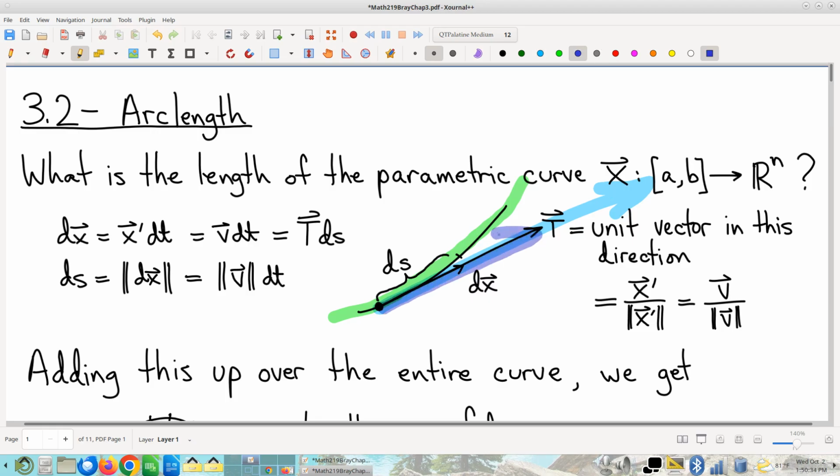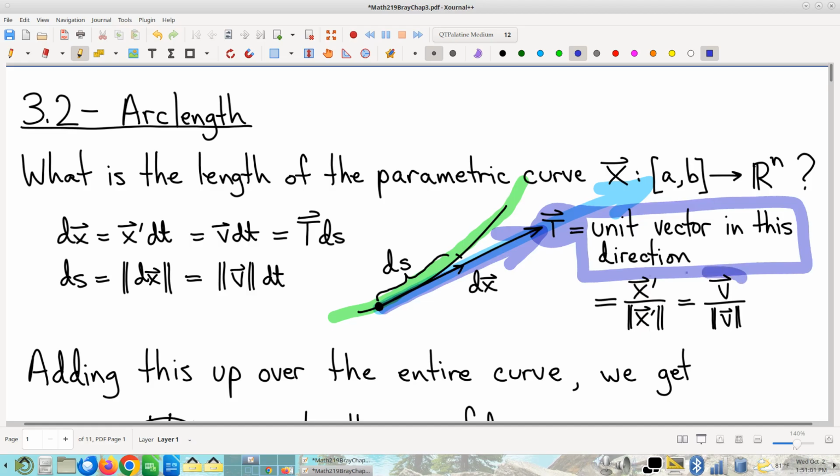So the unit vector that points in the direction of the velocity ends up being a really convenient thing to have a name and a notation for, and so we use capital T. This is the unit direction vector. Capital T is a pretty standard choice of notation for that.